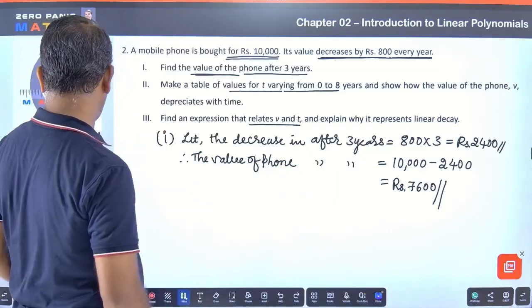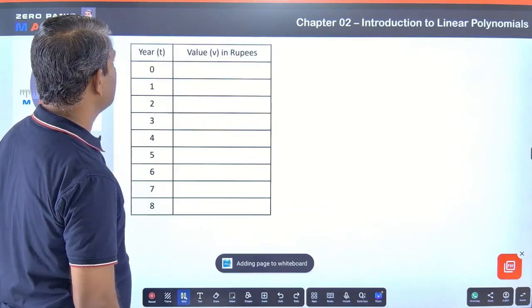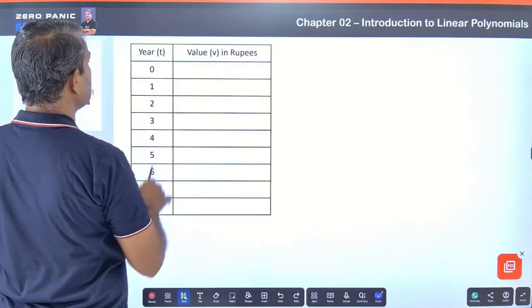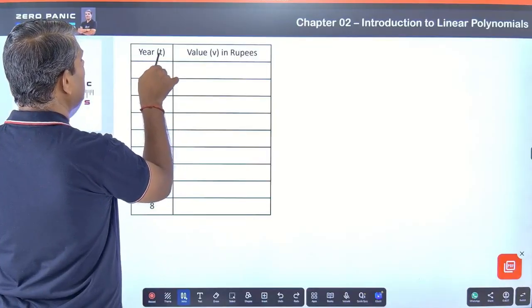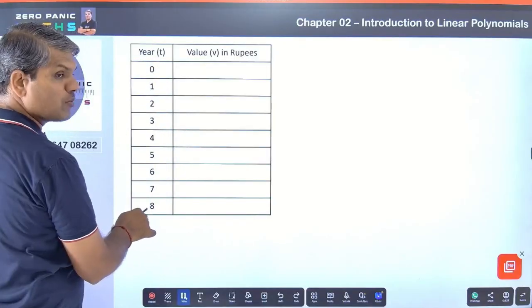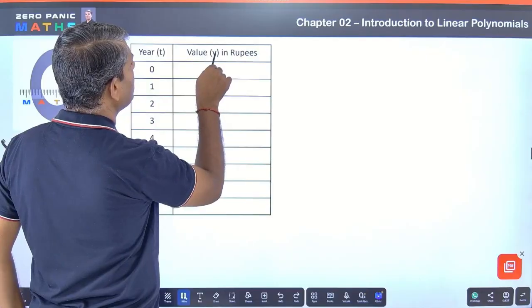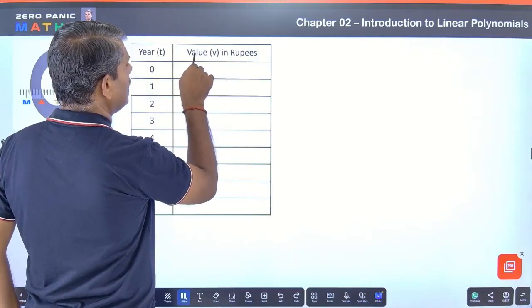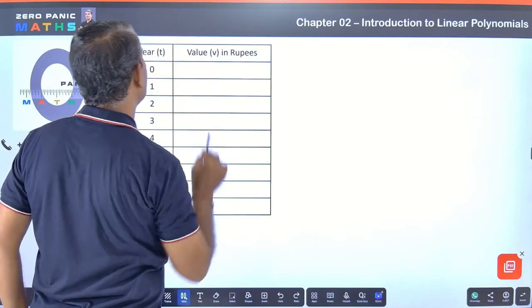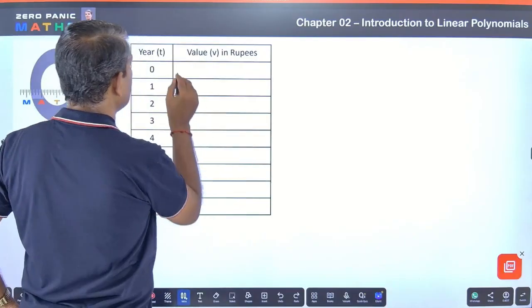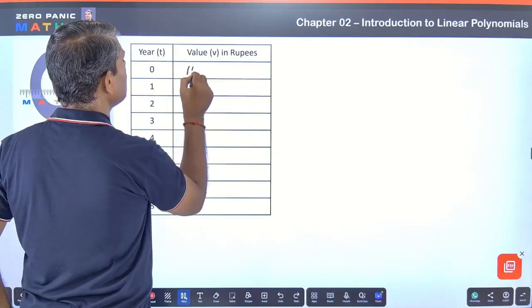Okay, now let us look at the table with the second question. Here the first column represents the time t in years varying from 0 to 8, and the second column represents the value v in rupees. So what is the initial value at time 0?